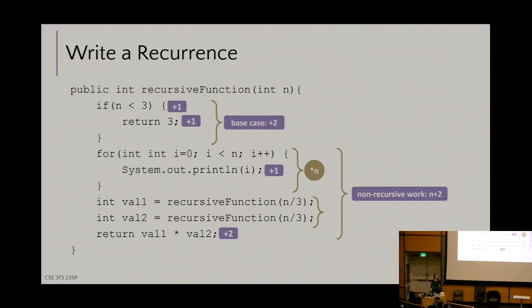Yes, n over 3. So recursive work is 2 times T of n over 3, meaning 2 calls to the function where n is reduced to a third each time.